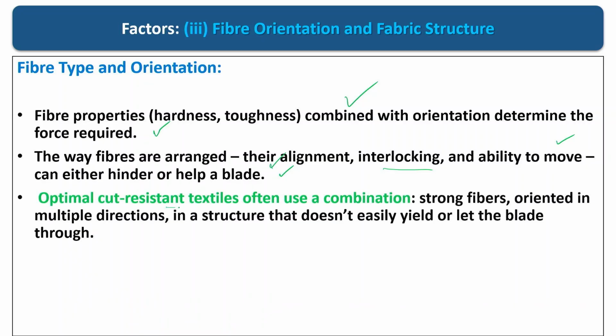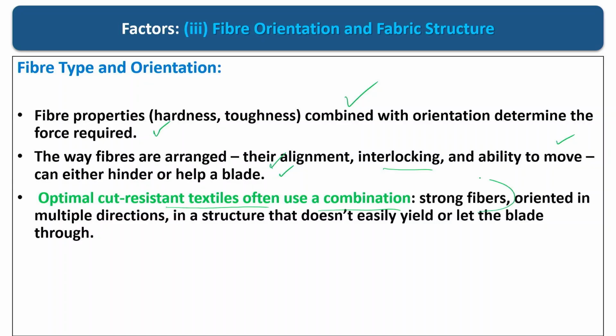Optimal cut resistant textiles often use combinations. So, we have to use different combinations to get perfect cut resistant fabric. We have to use particular fiber, we have to manipulate the yarn structure, we have to manipulate the fabric structure to get the optimum cut resistance.